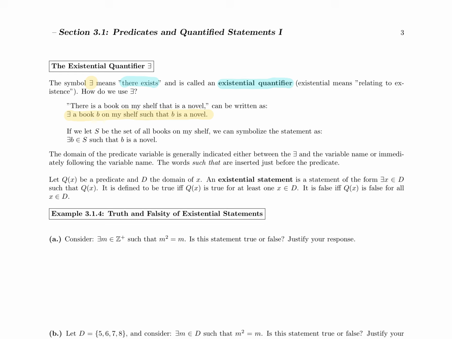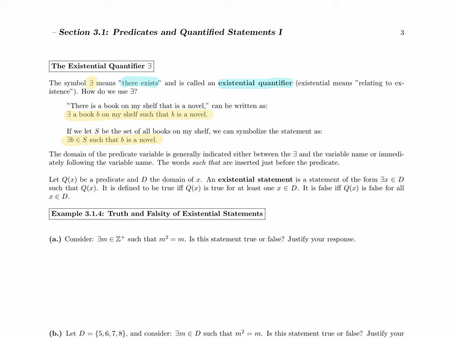Now, if we let S be the set of all books on my shelf, that's our domain, right? We can now rewrite this as there exists a book B in set S, the set of all books on my shelf, such that B is a novel.